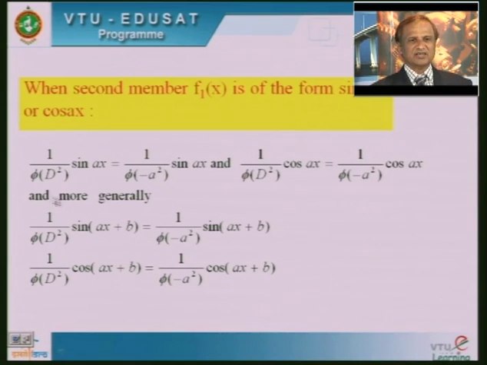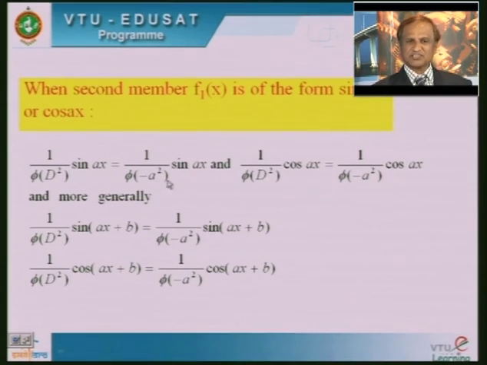Suppose if you write minus a whole square, you will get a positive number. That should be observed. While replacing D square, we must take care: we should replace D square by minus times a square only, not minus a whole square. It is an important point to be remembered.